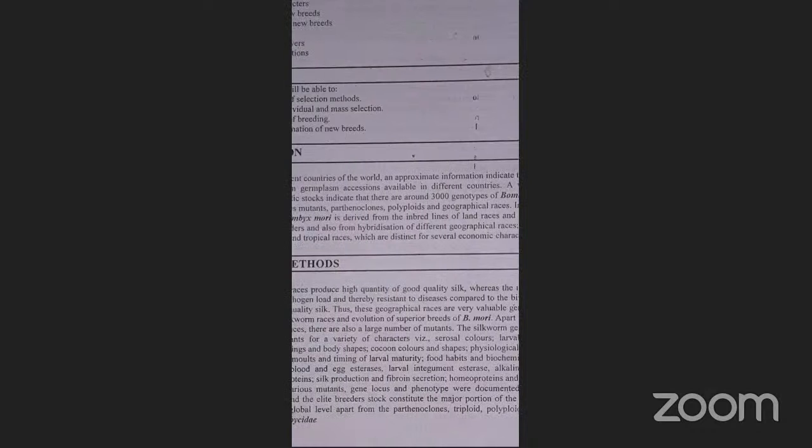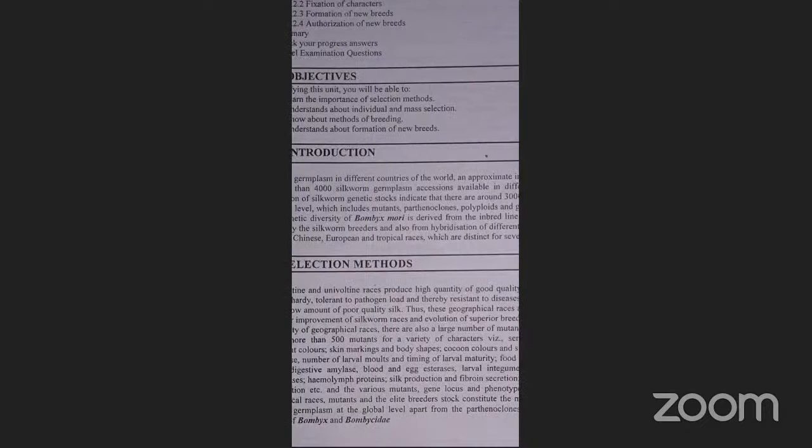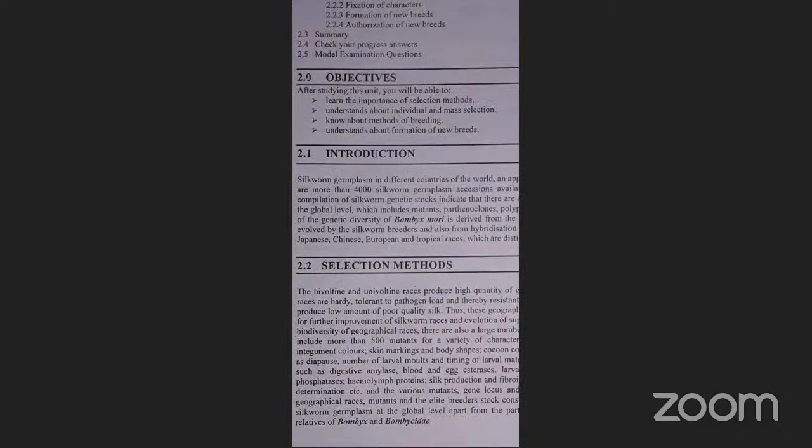Silkworms grow in the temperature zone and the tropical zone, which are particular geographical places. Tropical zone countries include, for example, Europe, Japan, and China. This is the tropical race.